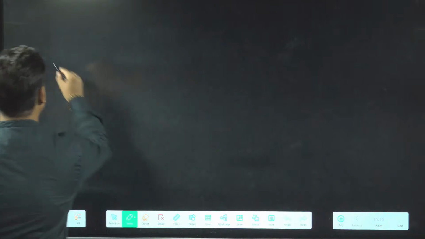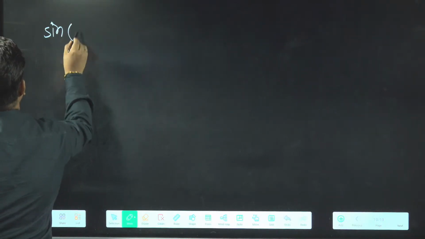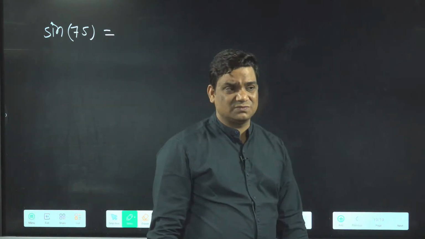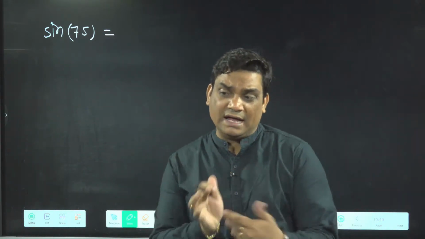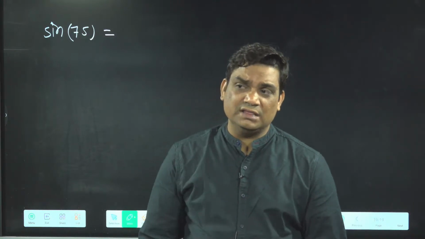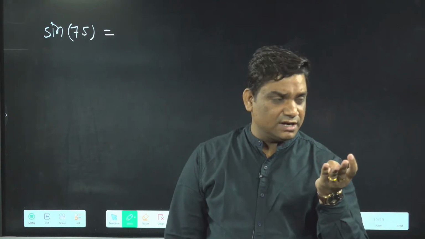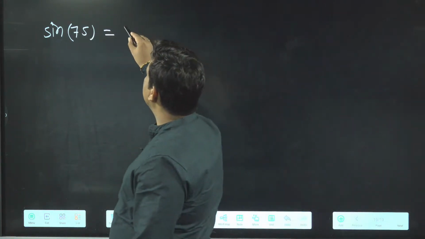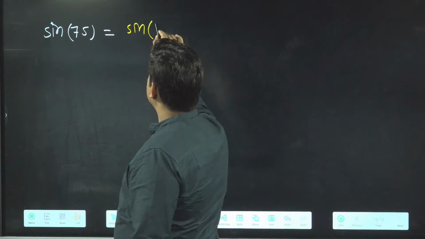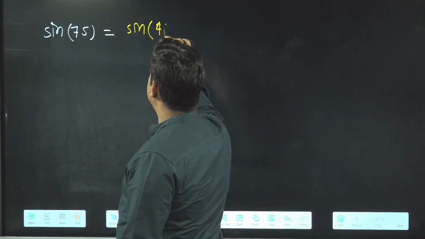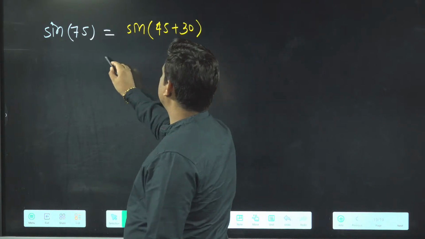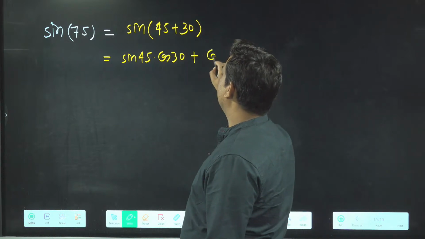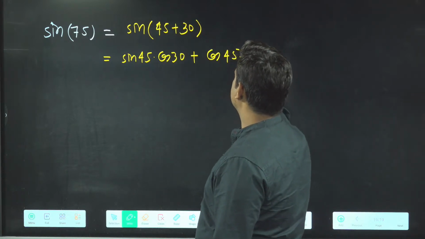Suppose you need to find the value of sine 75. You have to write this in the format of angles that we know, because you know only 37, 53, 30, 45, 60. So you can write this as sine of 30 degrees plus 45, and then use the sine formula. So sine 45 into cos 30, plus cos 45 into sine 30.